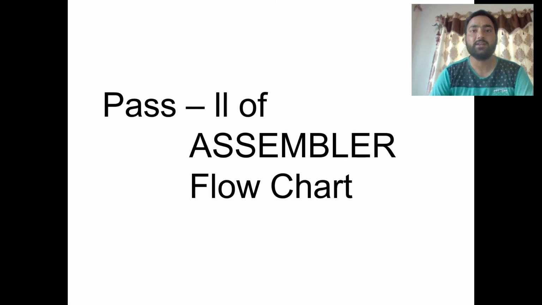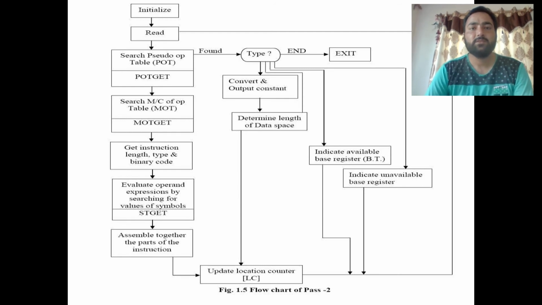So let's have a look at the pass 2 flowchart of the assembler. This is the flowchart for pass 2 of the assembler, in which everything has to be initialized. Then we read the entries from pass 1, in which we search the pseudo operation table, the POT table.